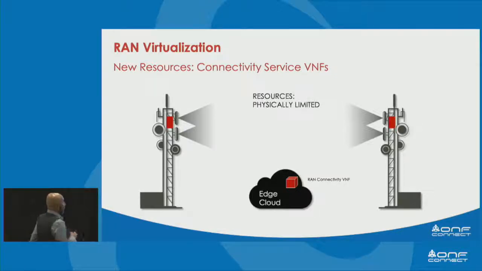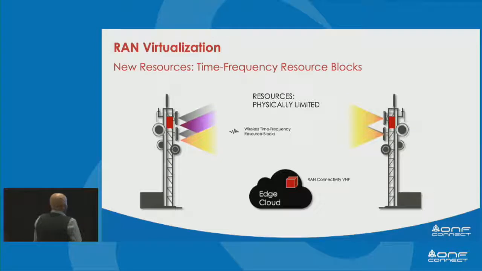But it's very physically limited. So I can't really think in cloud terms, where we have seemingly infinite resources. There are physical limitations here. And then comes the compute-storage equivalent, the physical resource in the RAN, and that is my spectrum.